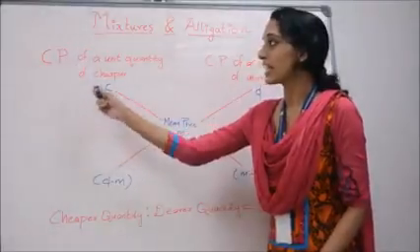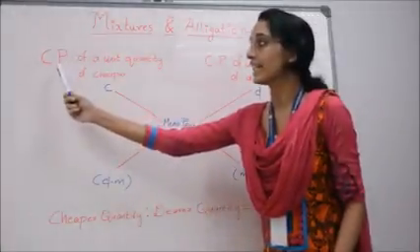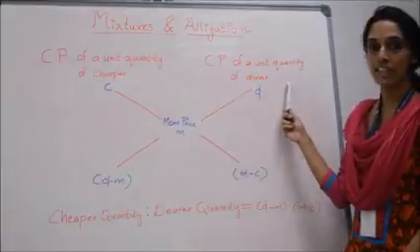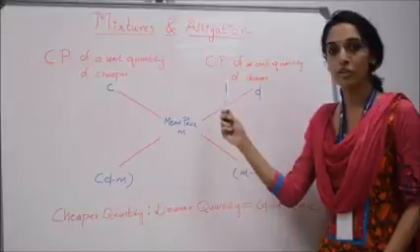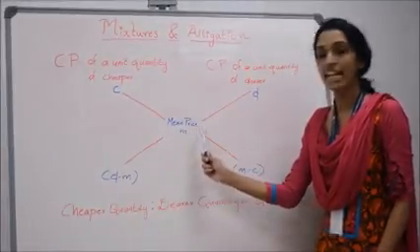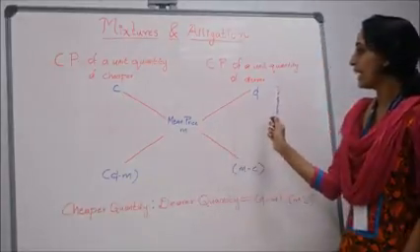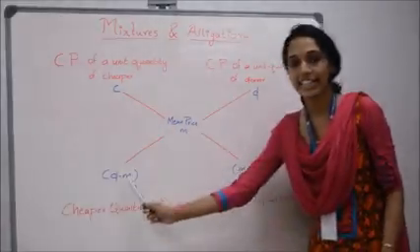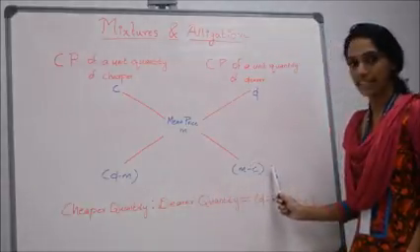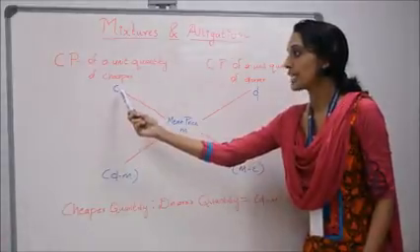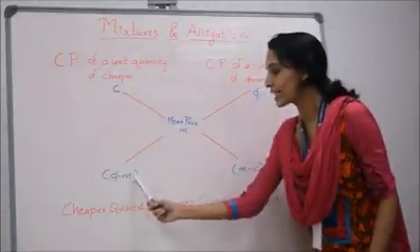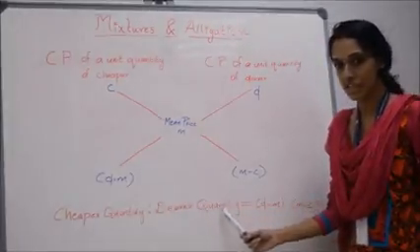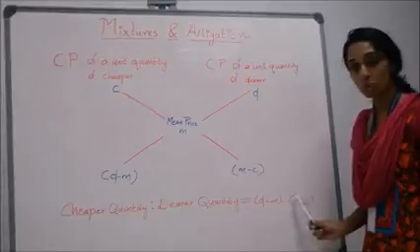That is, let the cost price of a unit quantity of cheaper be C, and cost price of unit quantity of dearer be D, and the cost price of unit quantity of mixture be the mean price, that can be represented by M. Then we can write here D minus M and M minus C, where D is greater than M and M is greater than C. So we can obtain the ratio C is to D is equal to D minus M is to M minus C. That is, the cheaper quantity is to dearer quantity ratio is equal to D minus M is to M minus C.